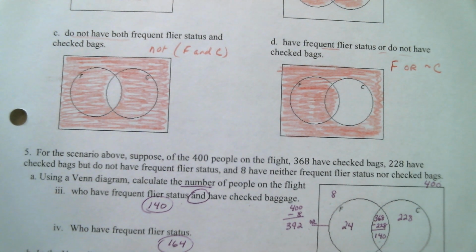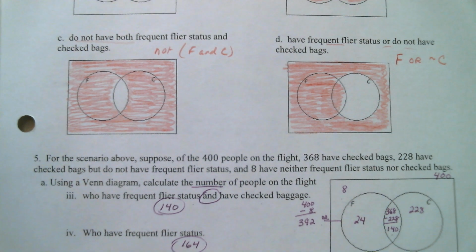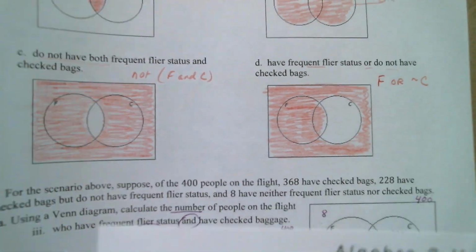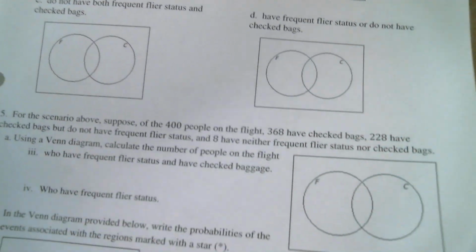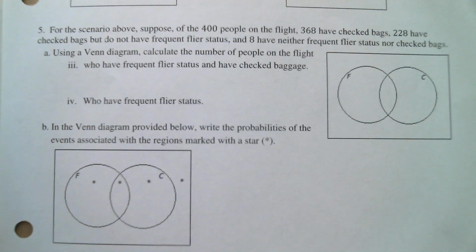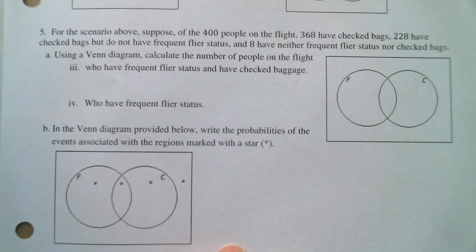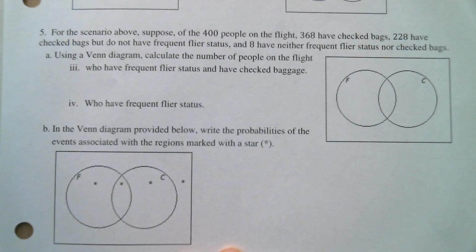Now number 5 I'll also work out. So if you didn't get 2, 3, or 5, but now understand 2 and 3, then you would want to go back to number 5 here and try that for practice. So number 5, for the scenario above, suppose of the 400 people on the flight, 368 have checked bags.